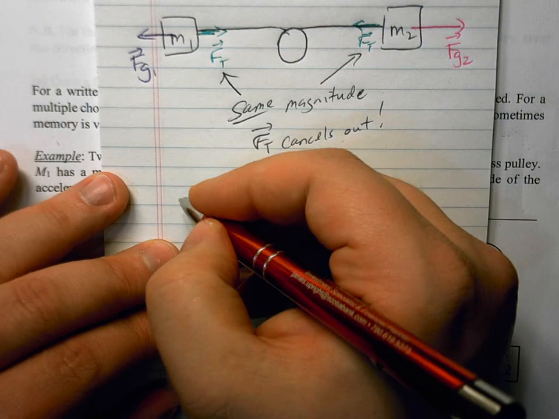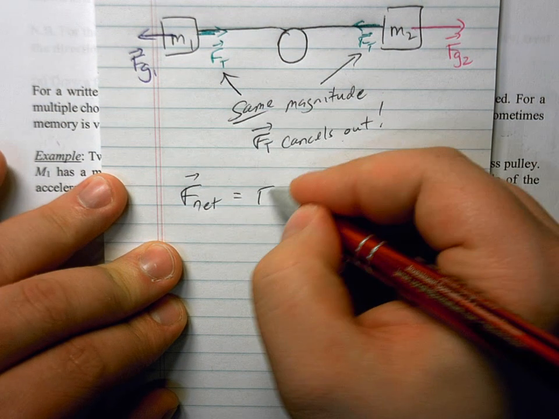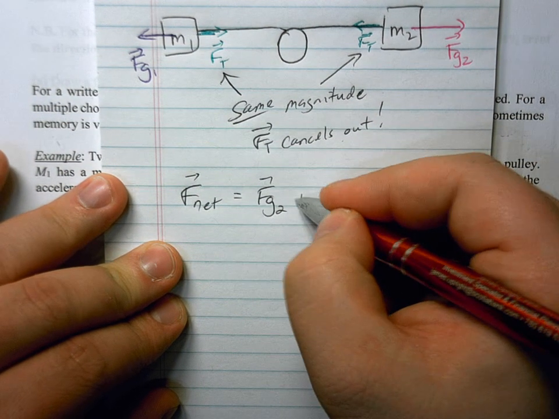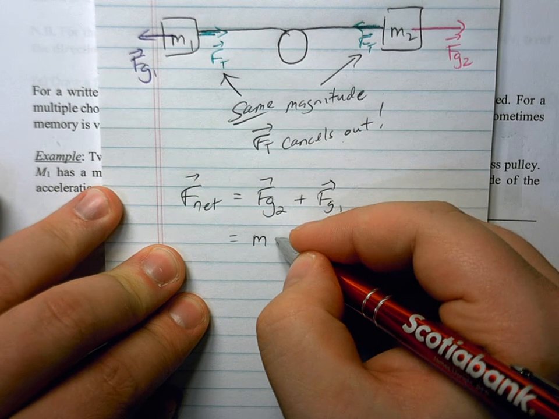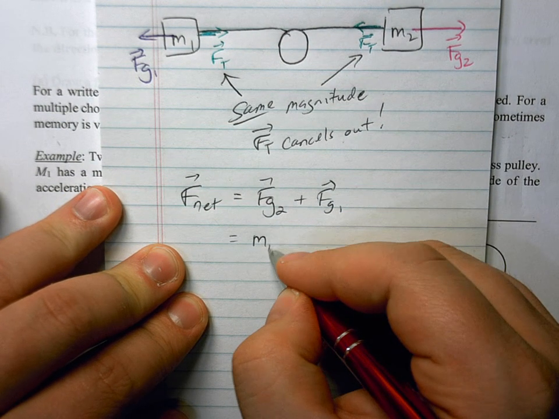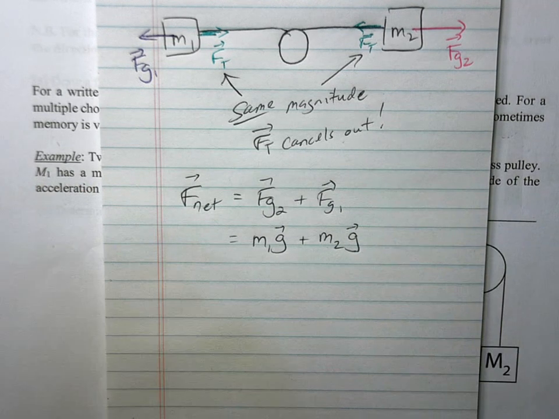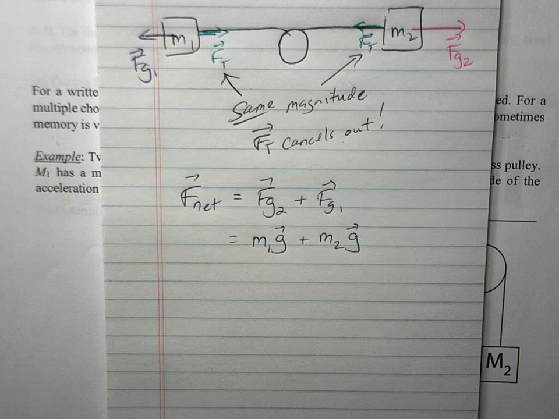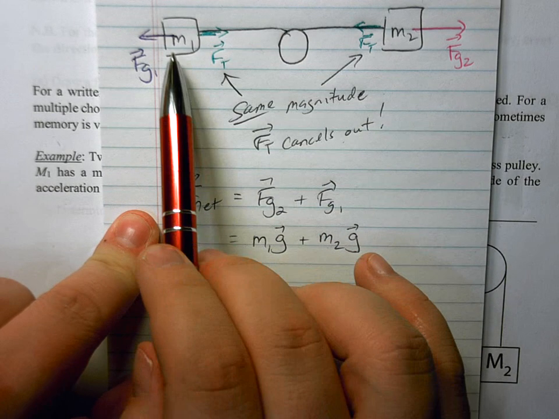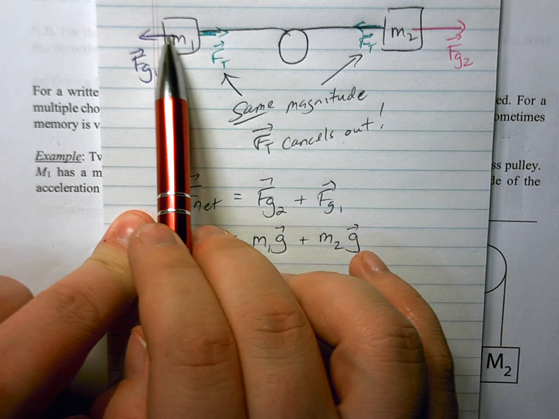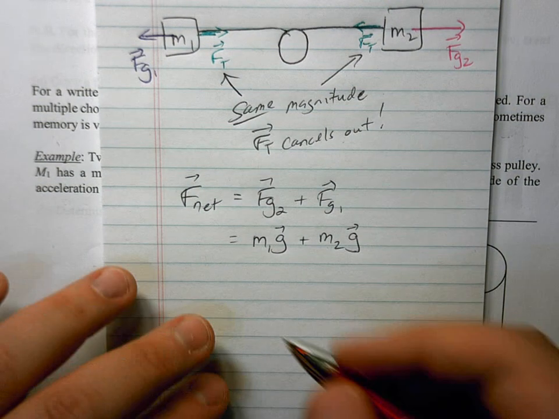So what we could say is that the net force on this thing is equal to Fg2 plus Fg1, or M1g plus M2g. Now it almost looks similar, but you have to keep in mind for mass 1 here, since the acceleration is directed opposite to my positive convention, this g would actually have to go in as a negative.